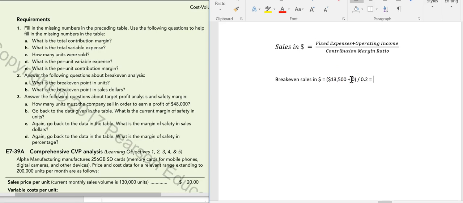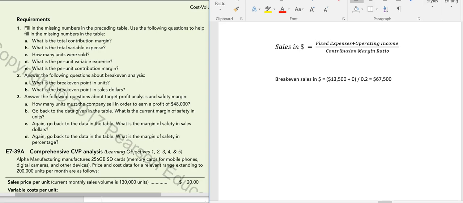So you need to do a little math, take your calculator, do with me, 13,500 divided by 0.2, and I found my break-even sales in dollar value is 67,500. Great. So we just calculated our break-even point in terms of dollar, also in terms of units.